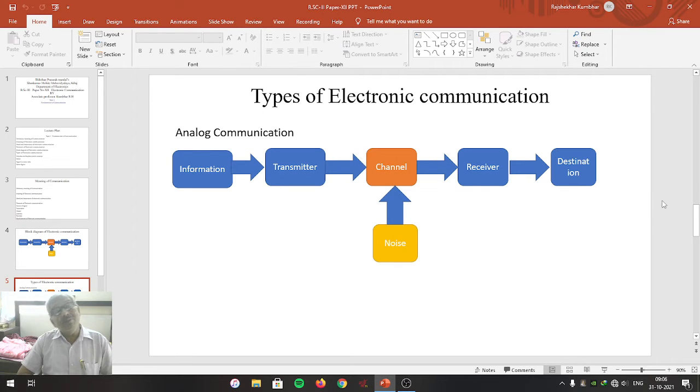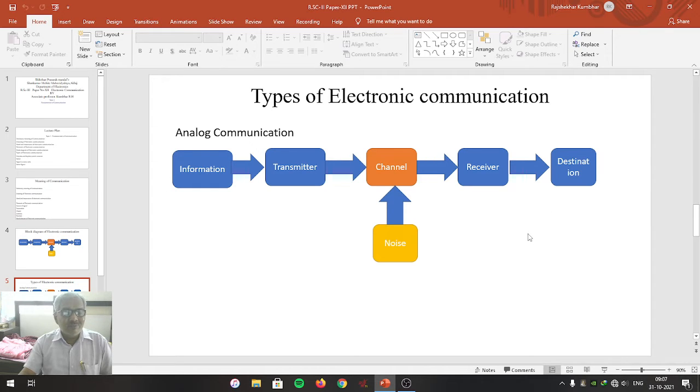Dear students, you remember yesterday's general block diagram. That block diagram also belongs to the representative aspect of analog communication system, and that's why the same block diagram is represented here as a representative aspect of the analog communication. Thus we can say block diagrammatically the general block diagram of electronic communication and the analog communication seem to be analogous.